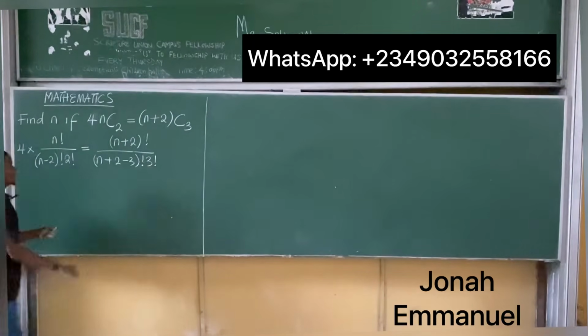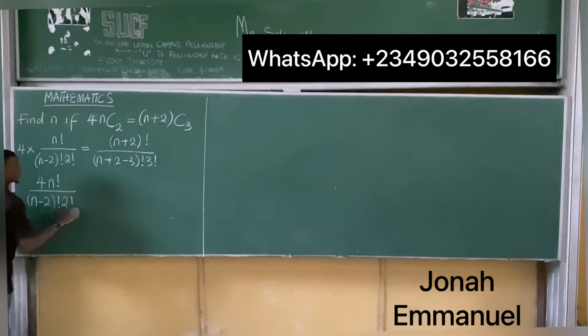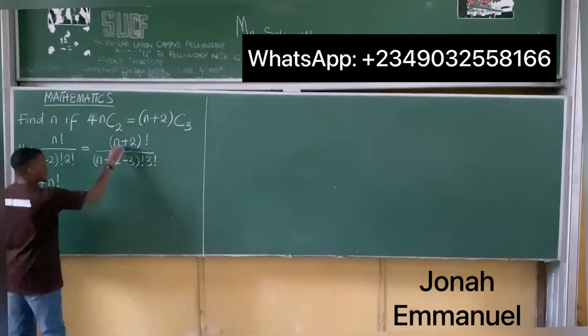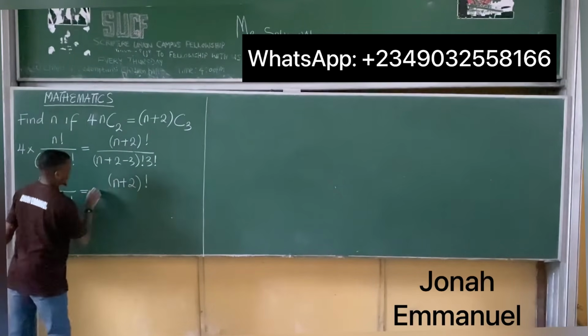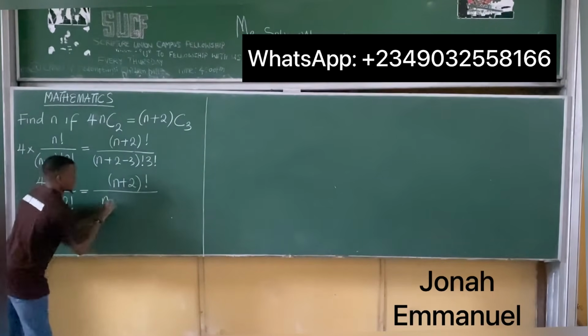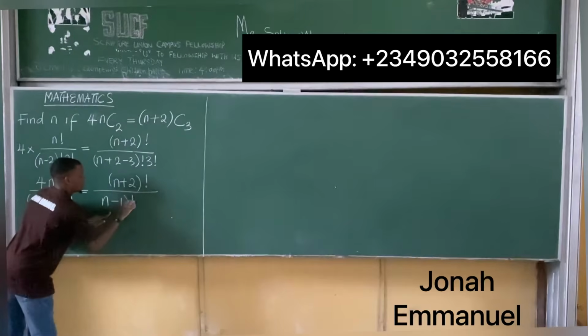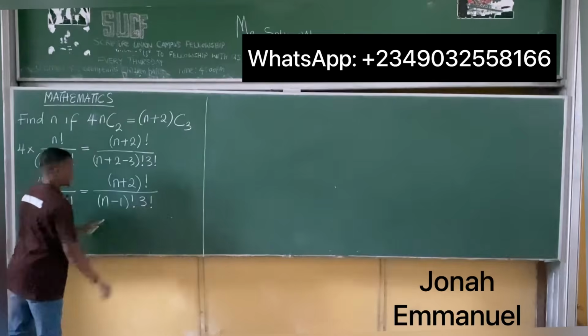So this becomes 4 times n factorial, which gives you 4n factorial all over n minus 2 factorial 2 factorial is equal to n plus 2 factorial all over n, 2 minus 3 is minus 1 factorial, and then 3 factorial.